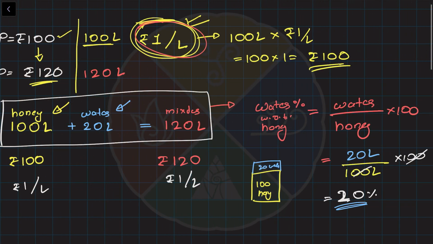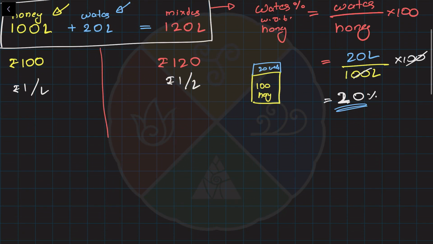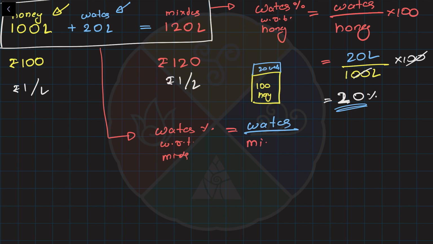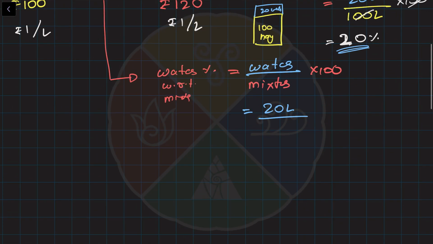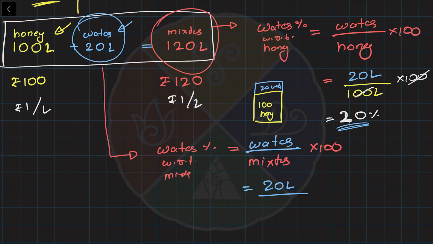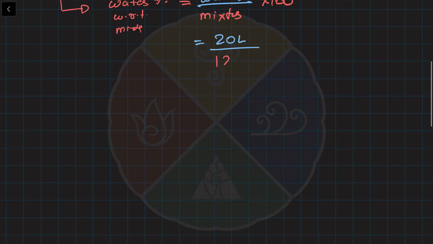So if I am converting this problem into water percentage with respect to mixture, then the problem is asking you to find water divided by mixture into 100. We have 20 liters of water in the mixture of 120, so 20 by 120 into 100.